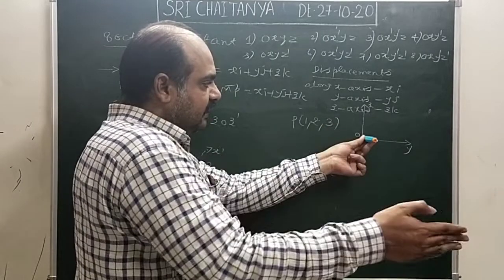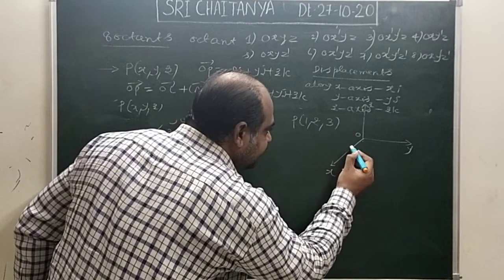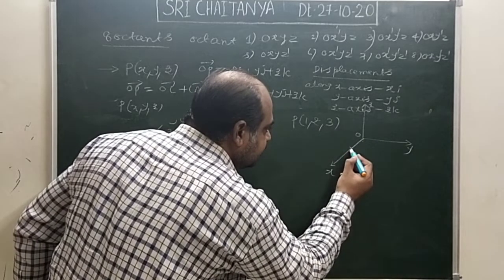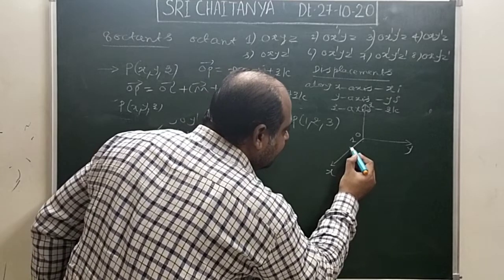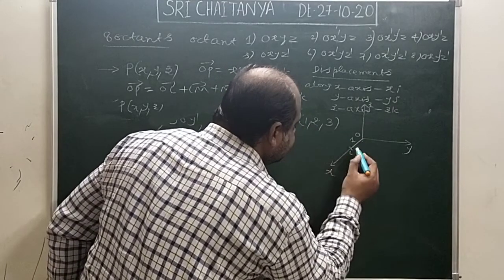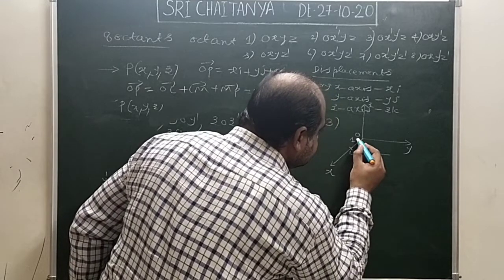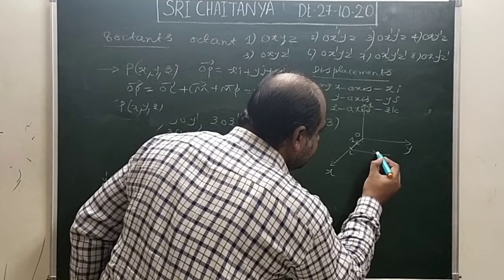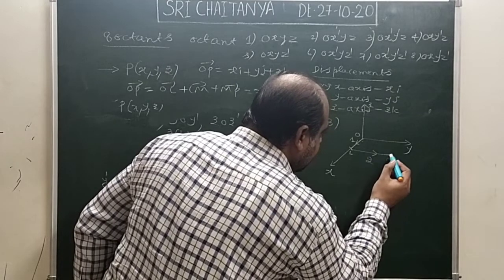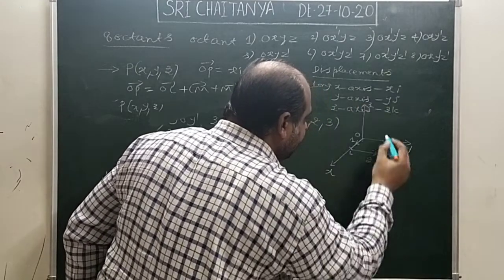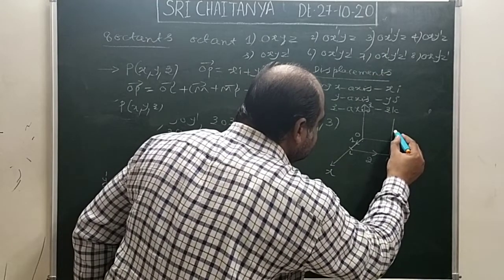So this is the octant. 1, 2, 3: from the origin, 1 unit displacement towards the positive x-axis, L. So this is 1 unit, and then parallel to the y-axis. Y is positive, so towards the positive y-axis. So in this direction 1 unit displacement, in this direction 2 units displacement, and from M towards the positive z-axis 3 units.